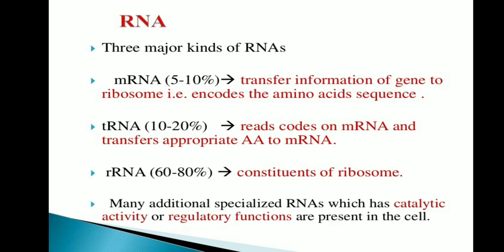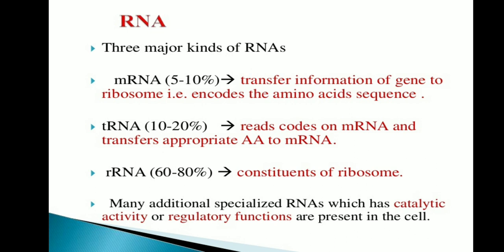There are three major kinds of RNAs. mRNA, which makes up 5 to 10%, transfers the information of genes to the ribosomes, which are involved in protein synthesis in both prokaryotic and eukaryotic systems.